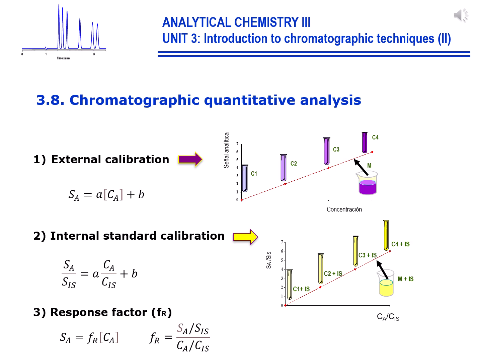This calibration mode avoids inaccuracies because of the injection volume as well as fluctuations of the equipment measurement, for example. Requirements for a good internal standard are to have similar characteristics to the analyte, to be absent from the sample, and to have a different retention time from the analyte.